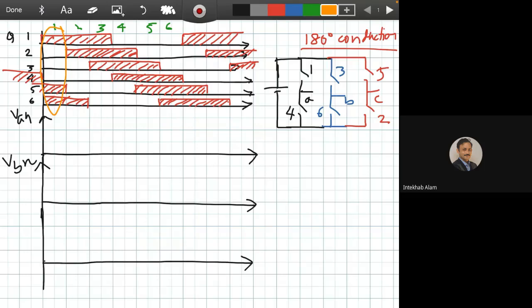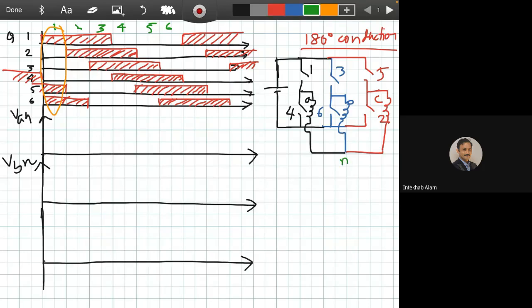So what is the output of VAN? 1, 5 and 6 are on. This is the circuit, this is the neutral point.